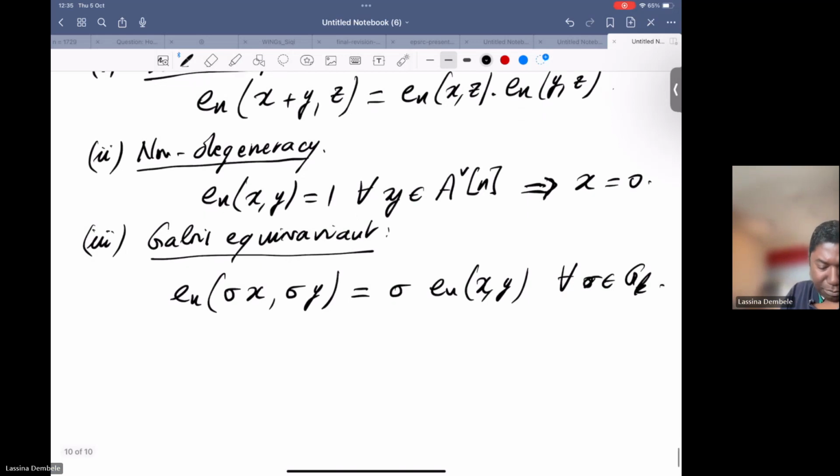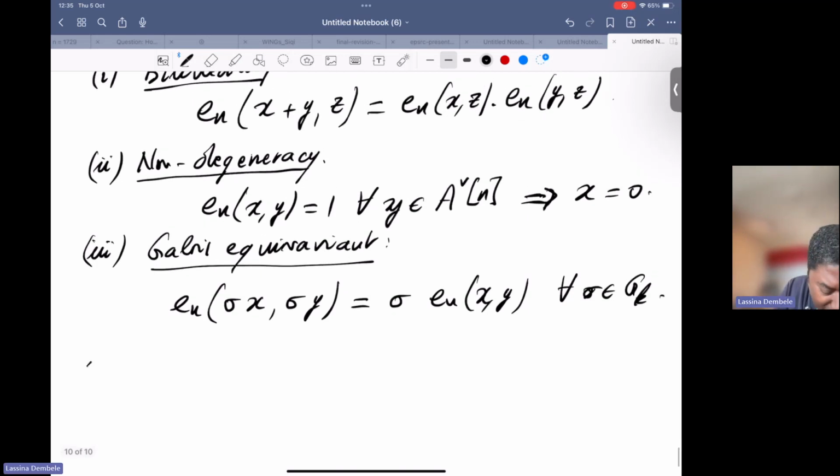And the other compatibility condition that I want to state is the following.